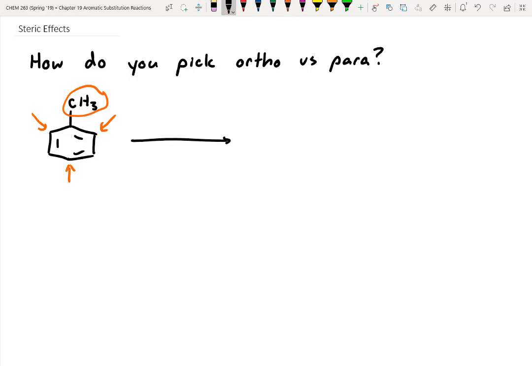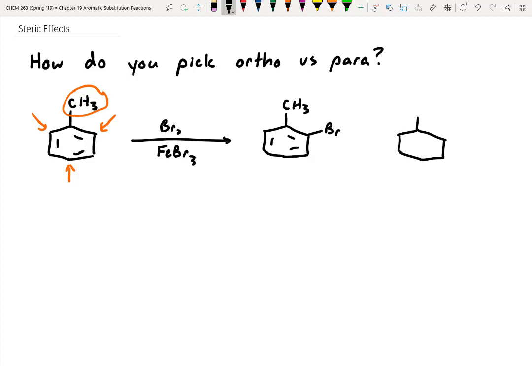So if we were to treat this with elemental bromine and iron tribromide and assume we're only monobrominating it, we could have one product where the substitution occurs at the ortho position, or we could have one where it occurs at the para position. All right, so my question for you is which one do you think will be major and why? And then talk about it with your neighbor.